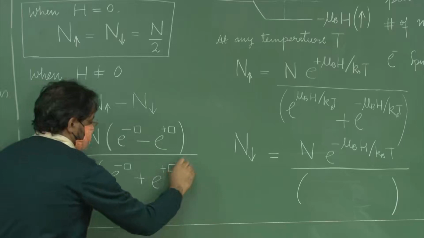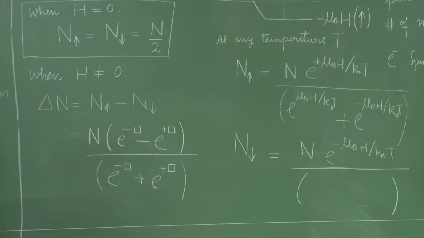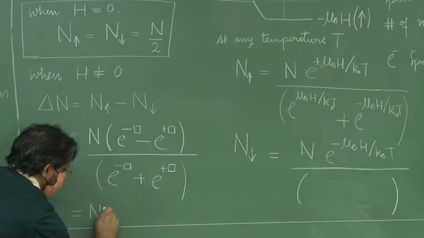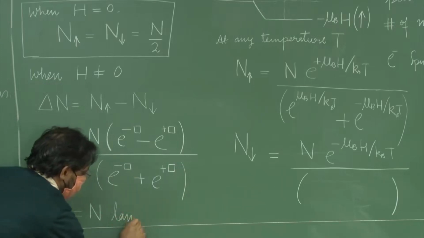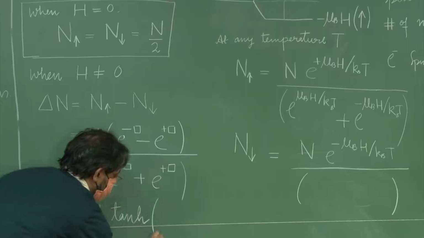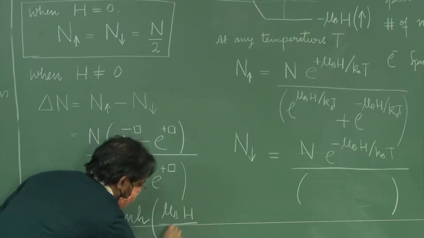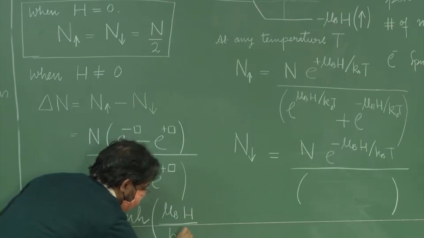And this is nothing but tanh of that. So this is n times tanh, hyperbolic, of mu B h by kBT.